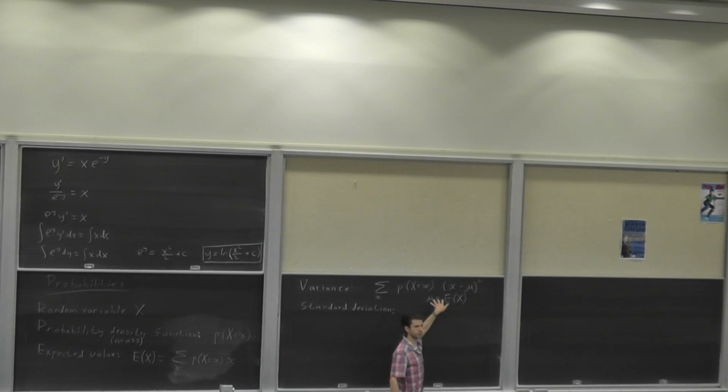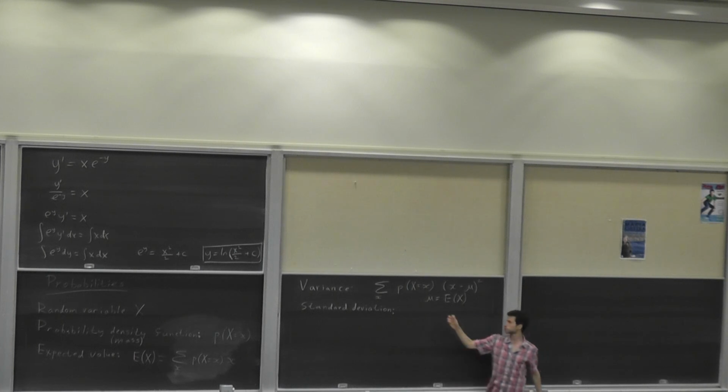So let me explain what this variance is. Let me explain this formula. So first of all, mu, we call it that, is just the expected value of x. It's the average of x over many trials.